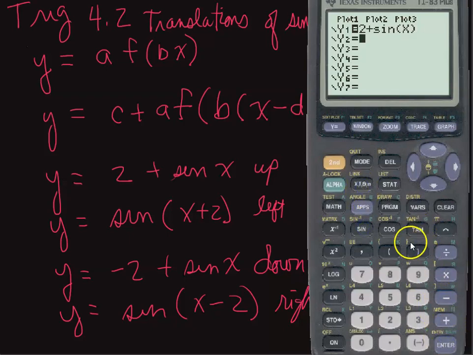And we should do sine x first, so we can have something to compare it to. And then 2 plus sine x. And we'll just do the sine of (x plus 2).